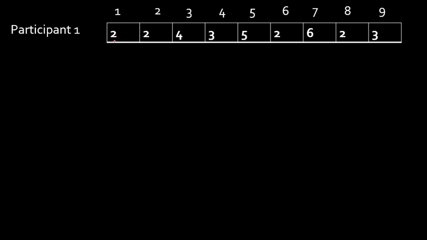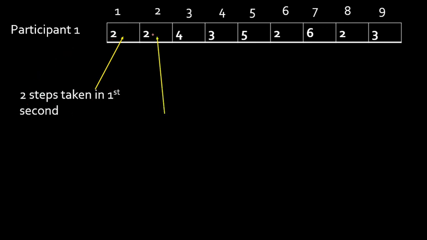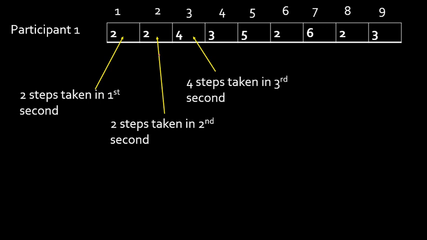So how many steps are taken in the first second? 2 steps are taken in the first second. The first cell contains 2, which means 2 steps are taken in the first second. Next, 4 steps are taken in the third second, and this goes on, right?